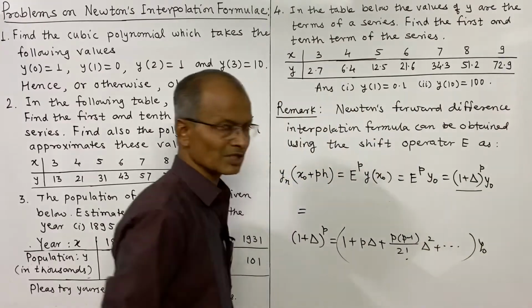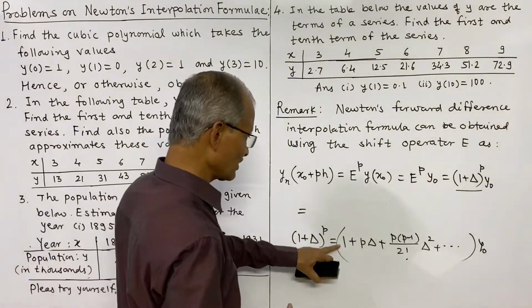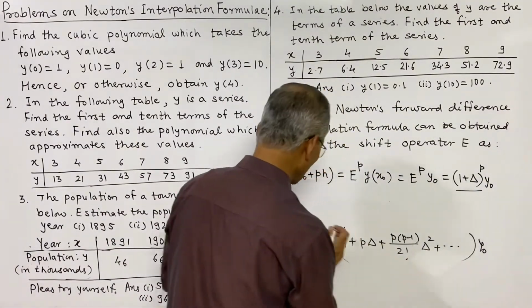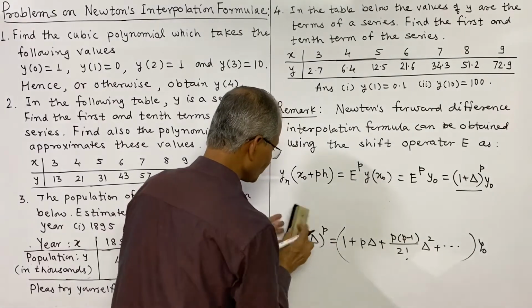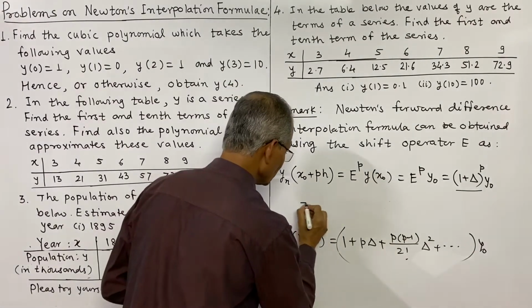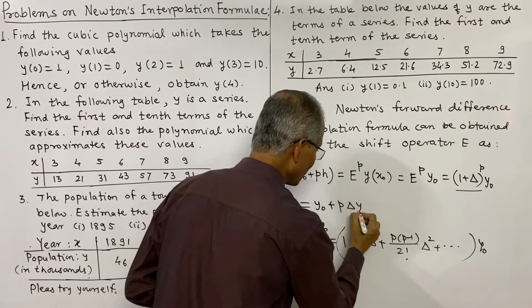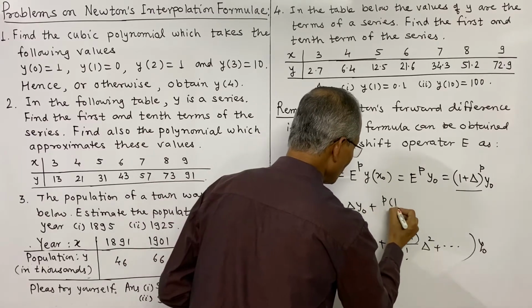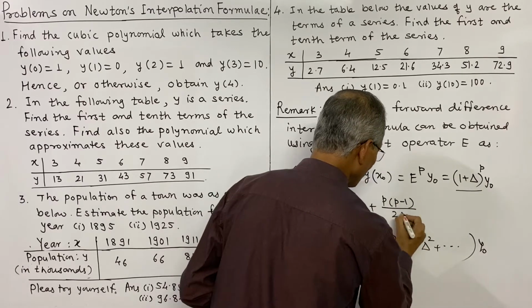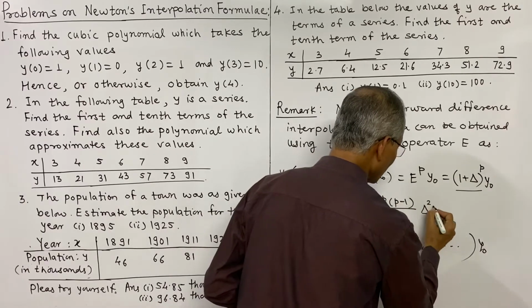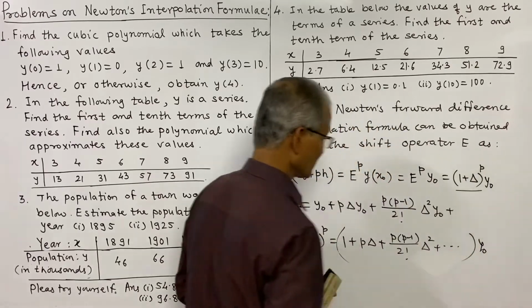But this y naught must be remembered, and therefore we shall write it as 1 into y naught, that is y naught, plus p into delta y naught, plus p into p minus 1 divided by 2 factorial delta square y naught, and plus so on.